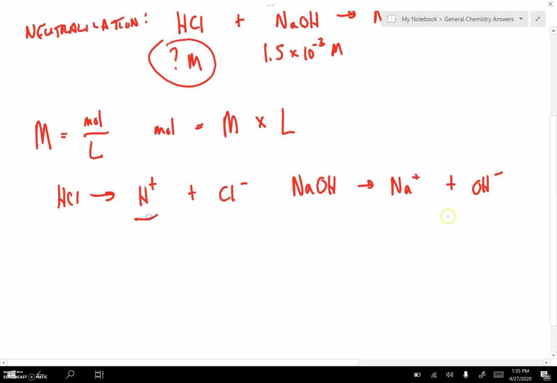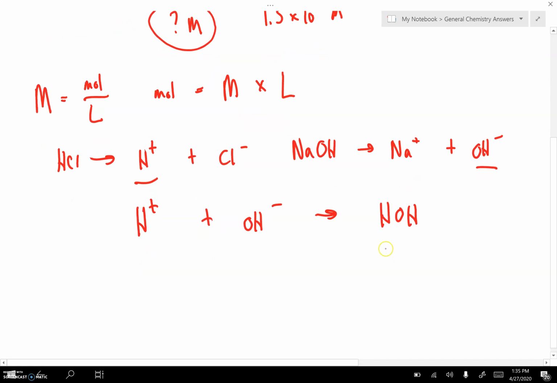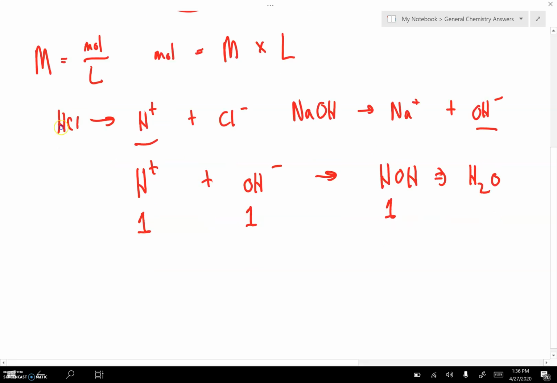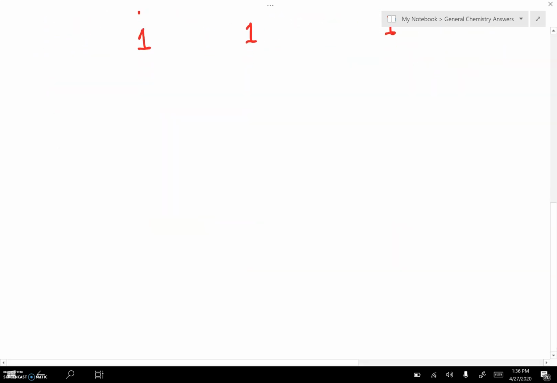Well, we want the H plus and the OH minus because if you take one H plus and one OH minus, you get HOH, which is otherwise known as H2O. So one H plus will neutralize one OH minus and make one water molecule. All right? So we're going to do that to determine the unknown concentration of some solution. I'm going to show you exactly how it works.